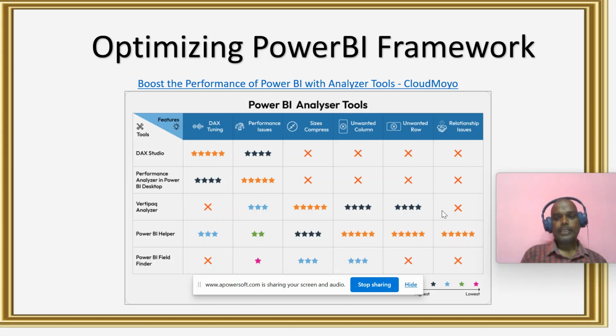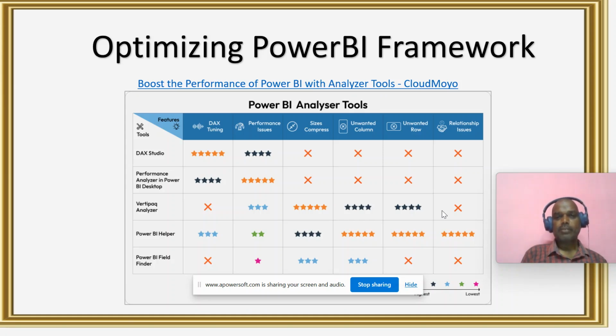Using that, you can get the frontend timings, the backend timings, and the DAX calculation. Artifact analysis is used to analyze your size and compression, how much your data is compressed, all the things you need to know.